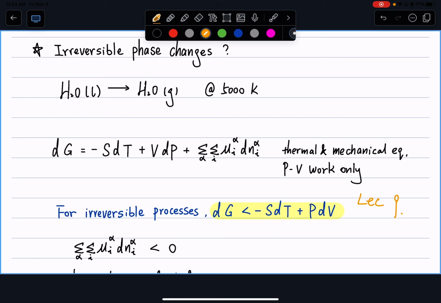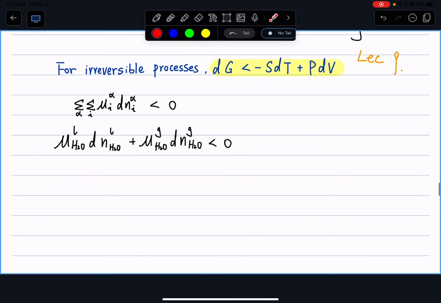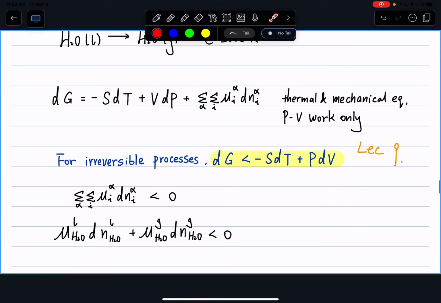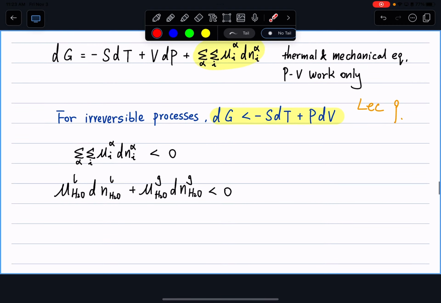Let's do the same kind of analysis we did before in the equilibrium scenario. This term becomes a negative number because we want the total dG to become negative. Again, we're talking about constant T and P, so those terms don't come into play.